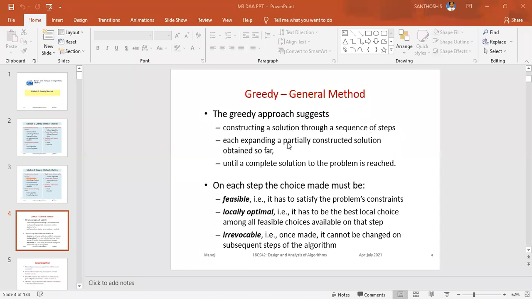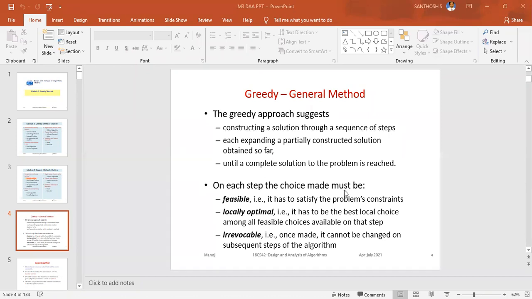Second, expanding a partially constructed solution obtained so far until a complete solution to the problem is reached. So the first step is to construct the solution using a sequence of steps. Next, expand the partially constructed solution until a complete solution is reached. This is the brief general method.